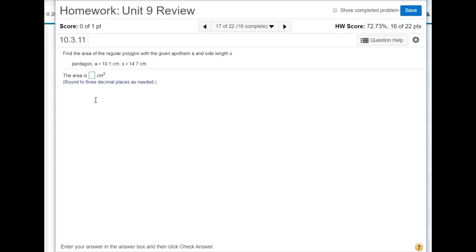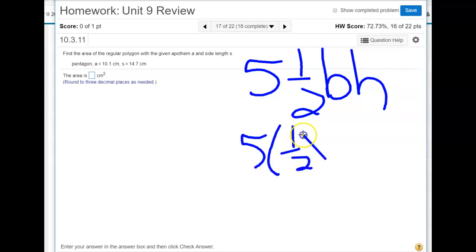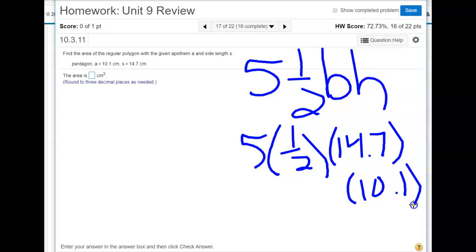Right, it says find the area of the regular polygon with a given apothem and a side length of s. So it tells me I have a pentagon. That means I've got 5 triangles. So I've got 5 1/2 base times height. It tells me that the side length, which corresponds with one of our bases, is 14.7. Tells me the apothem, which is the height of one of those triangles, is 10.1.